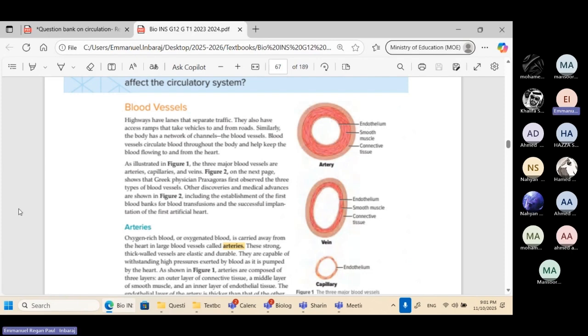This is the inner layer, which is called endothelium. Then this middle layer is called the smooth muscle. And what is here at the top, outside, you call it connective tissue. These are the three things: endothelium, smooth muscle, connective tissue.